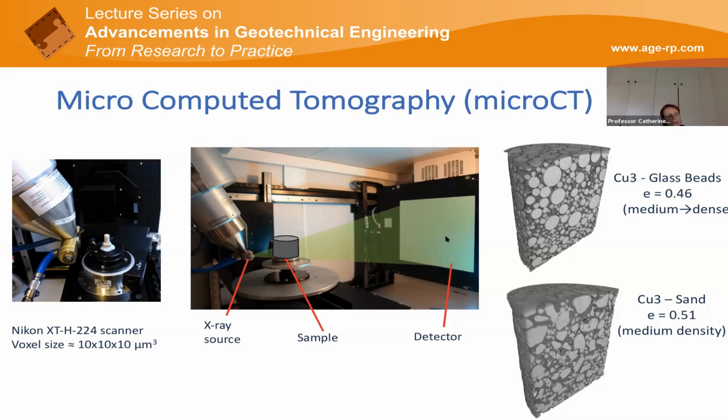And these images can be combined to get a 3D image of the X-ray attenuation of the X-rays as they pass through your sample. So what you see here are two grayscale images, and the grayscale tells you where X-rays are being attenuated relatively highly or relatively lowly. And our eyes can see that that's where the particles and the voids are.